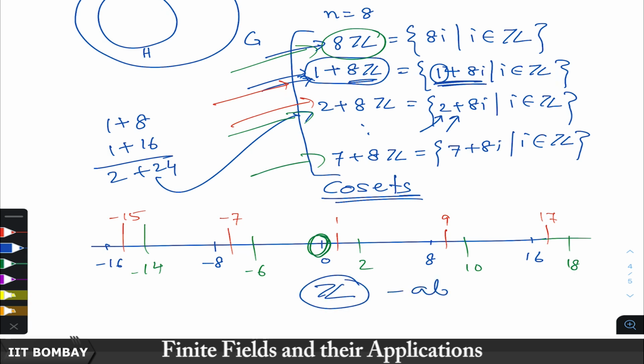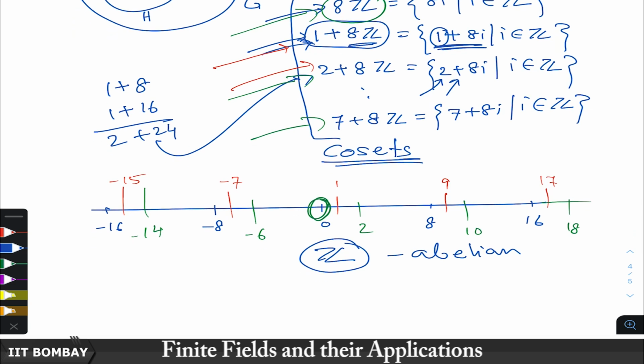Now, of course, this group Z is an abelian group, meaning its addition operation is commutative. Now, if you do not have an abelian group, the operation is not commutative, then when you operate with 1 or any element, you can do the operation either from the left or from the right. They are different, they need not be the same thing.